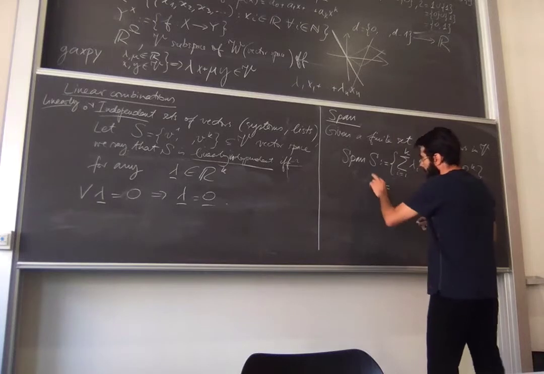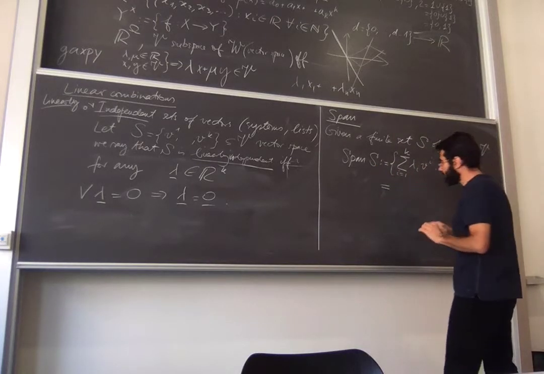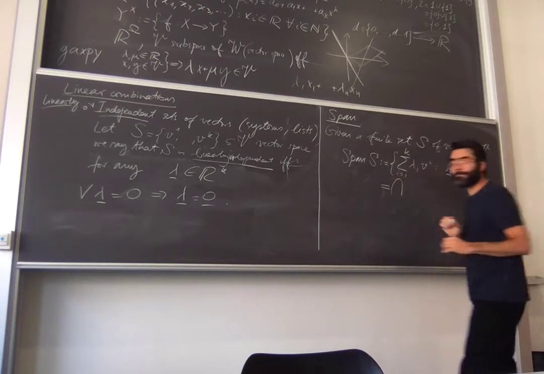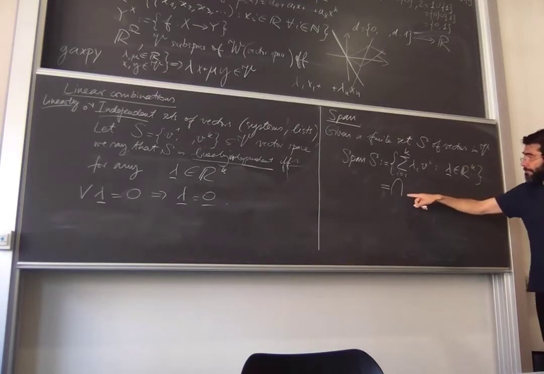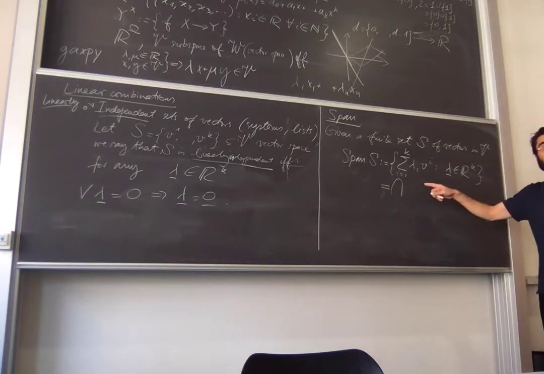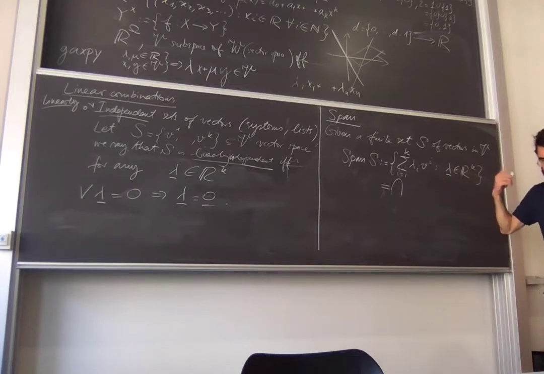But you can think of the span of S to be the intersection of a certain family of subspaces of V. In fact, we can take all the subspaces of V. And the nice thing about this definition is that it goes beyond finite dimensional. That's why it's also important to see it geometrically.